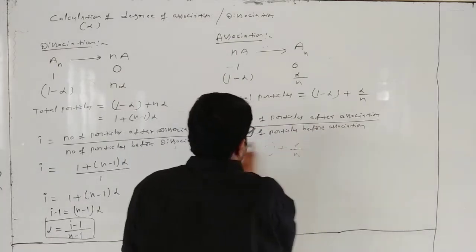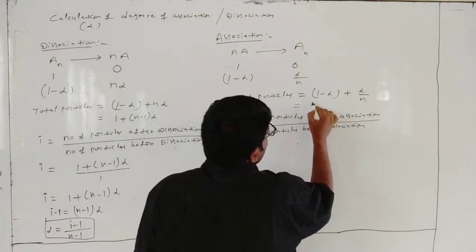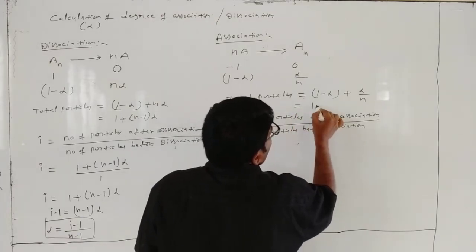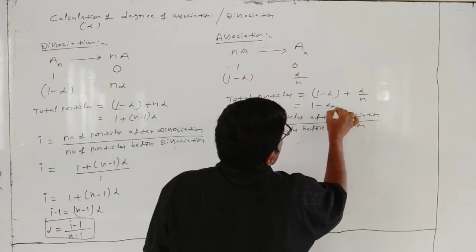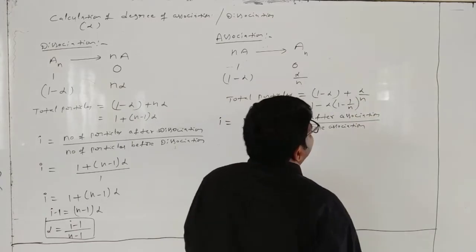Otherwise, see one more point. This one is written as 1 minus alpha into (1 minus 1 by n).